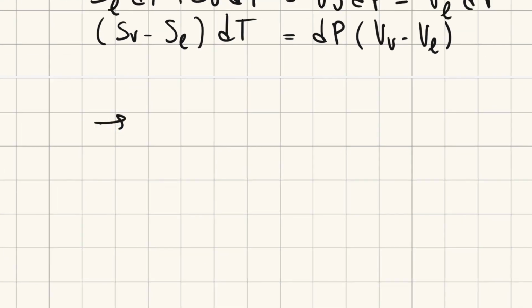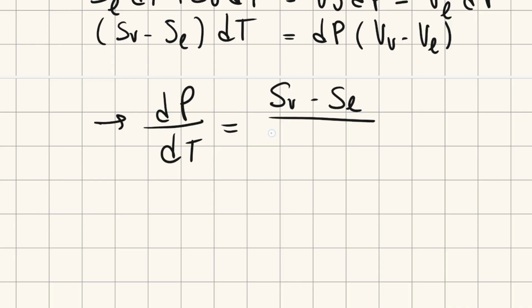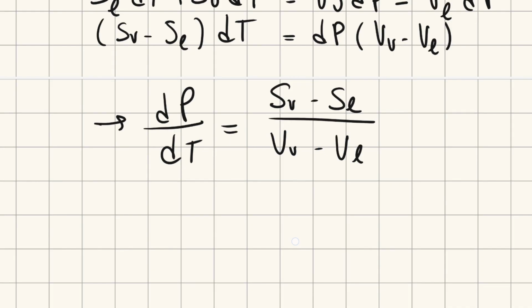From here we can see easily that the derivative of the pressure with respect to temperature of our system is going to depend on the difference of entropies per molecule, so that will be S_V minus S_L over V_V minus V_L.